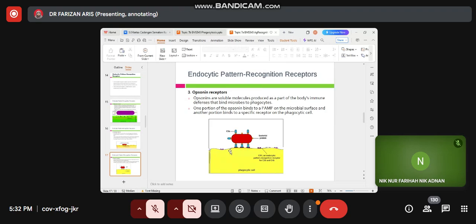To coat, right? We know that before. So these are examples of opsonin molecules. C3b is an opsonin. So it can bind to the surface of the pathogen. Therefore, phagocytes with the receptor can bind to the opsonin. They are not directly binding. They bind to the opsonin instead of the bacteria itself.